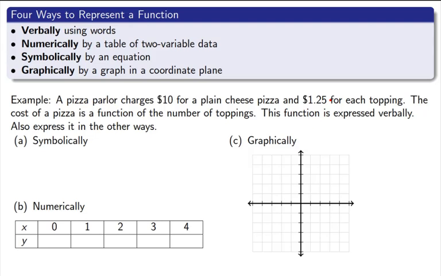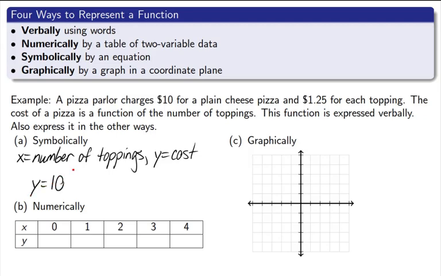So we do have a function of the number of toppings that creates the cost of the pizza. Symbolically, let's let x be the number of toppings, and y is the cost of the pizza. So y is going to equal $10 for the original price, and then $1.25 for each additional topping. This is our symbolic way to represent this.